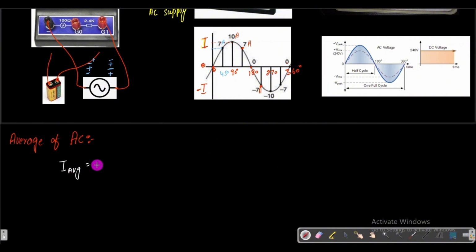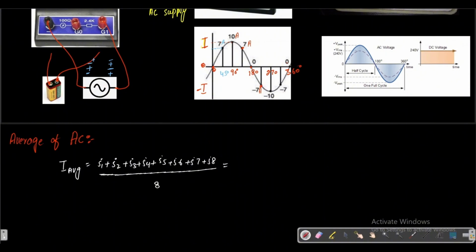So I1 plus I2, and so on up to I8. I consider 8 instantaneous values, so we have to divide by 8. This is the method for defining the average, and here I1 is 0 ampere.